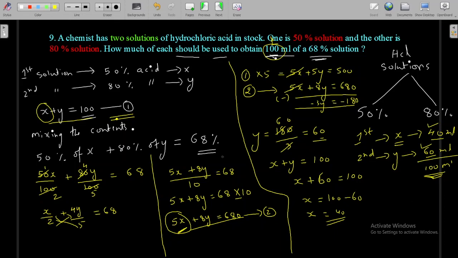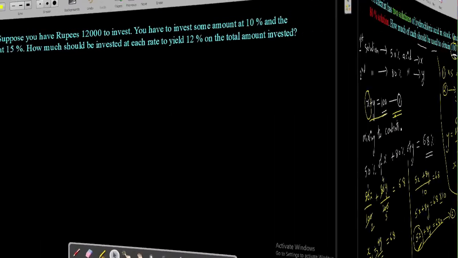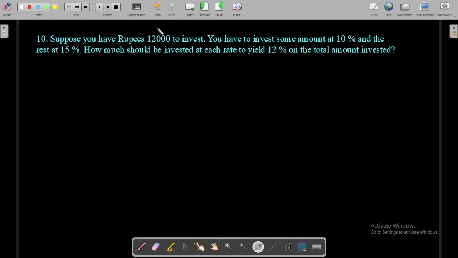Now let us see the next problem. According to this problem, suppose you have 12,000 rupees. That is, I am having 12,000 rupees.